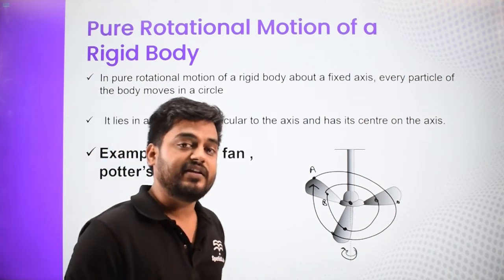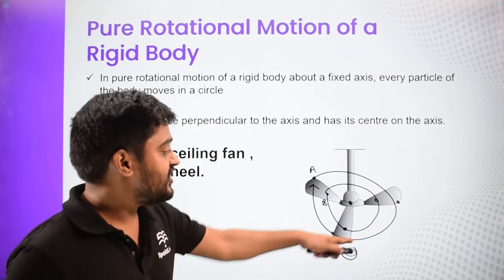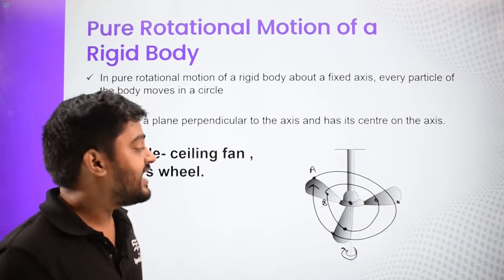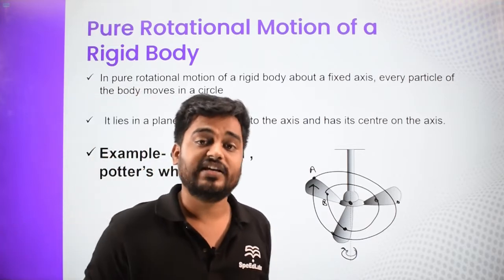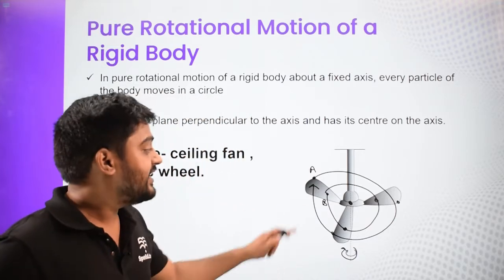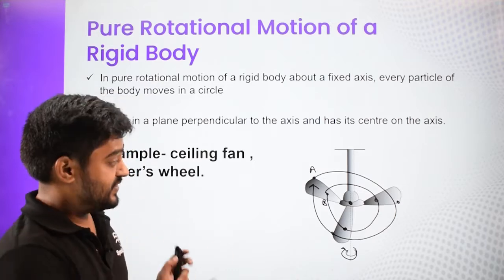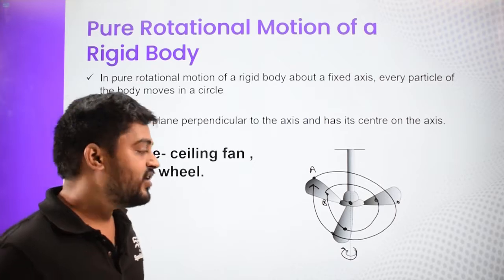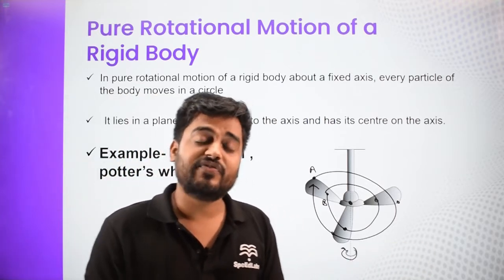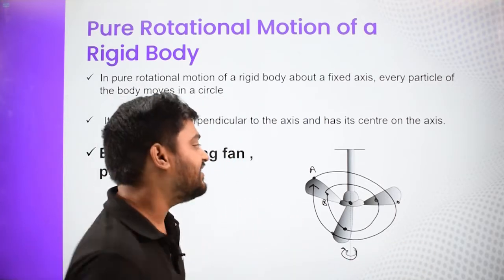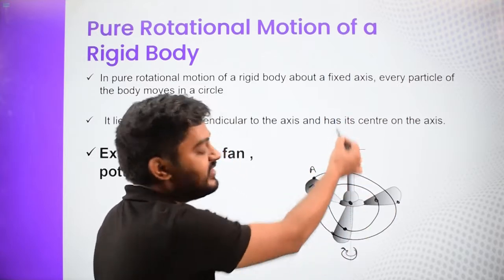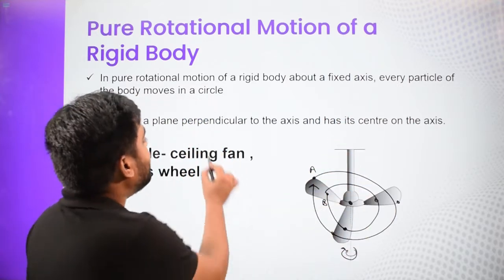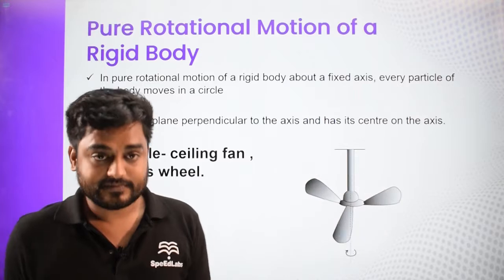So in pure rotation, each and every particle is individually performing circular motion with its center lying on the axis. For a 2D object, all the centers will also be the same. If it is a 3D object, then their centers might differ, but they all will lie on the axis with their planes perpendicular to the axis.